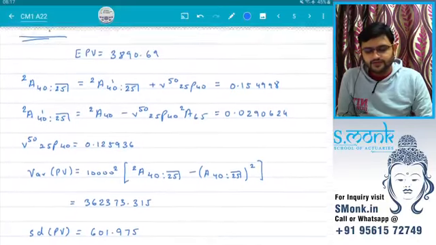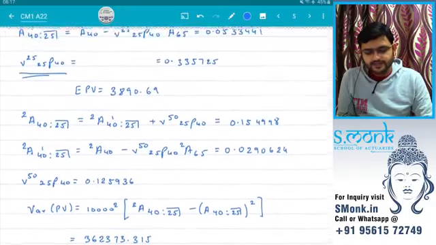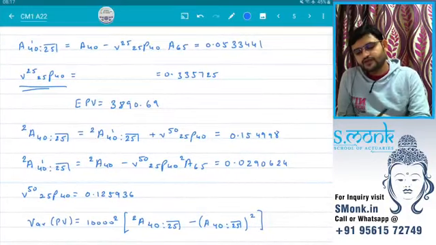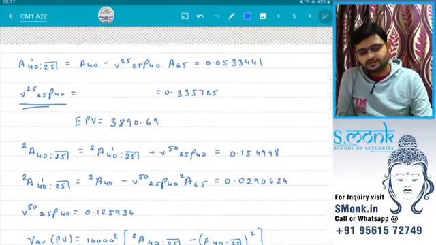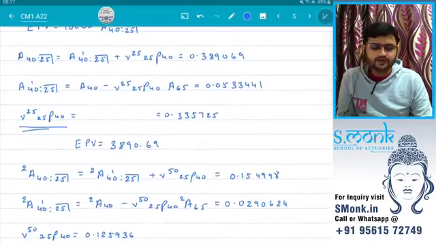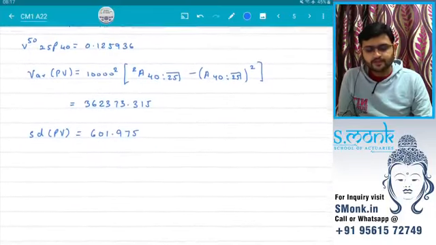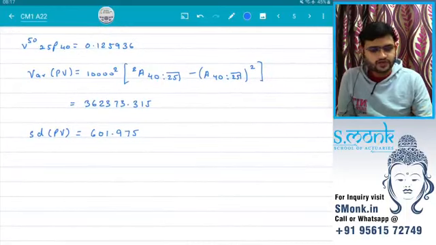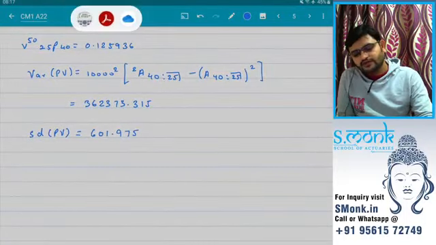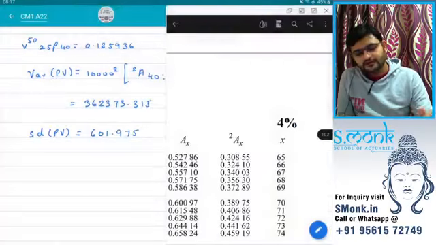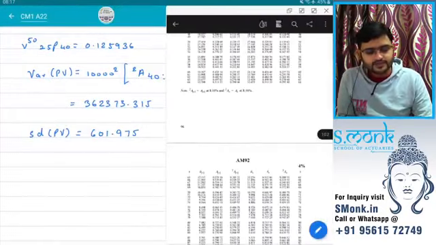So here we were finding the expected present value and the standard deviation for an endowment policy for a person aged 40 going for 25 years. For such cases, we have specific endowment tables as well.